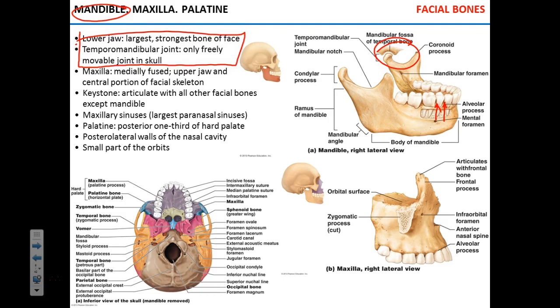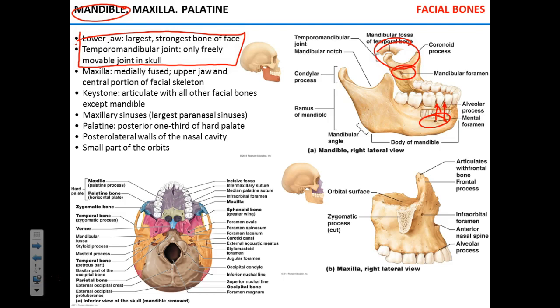Temporomandibular joint is the only joint that moves in the skull, and it's most easily dislocated joint in a human body. That makes sense? Foramen, like mandibular foramina, mental foramina, are the openings for various nerves that innervate facial muscles.